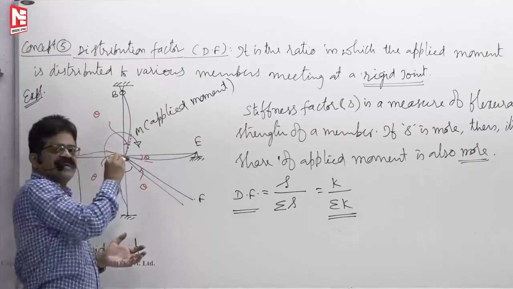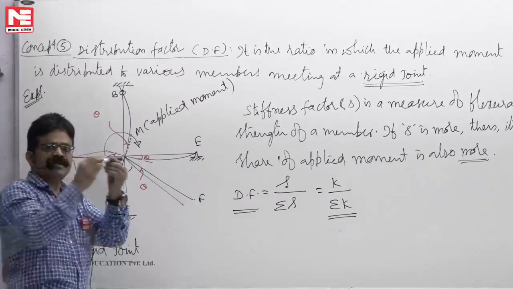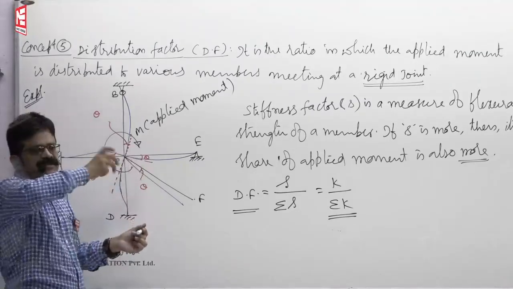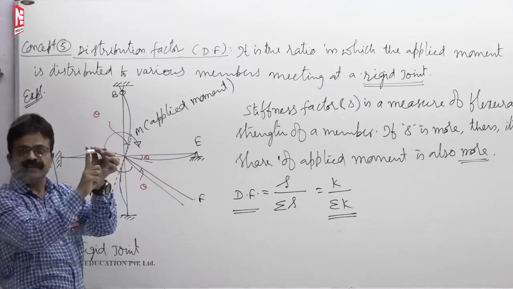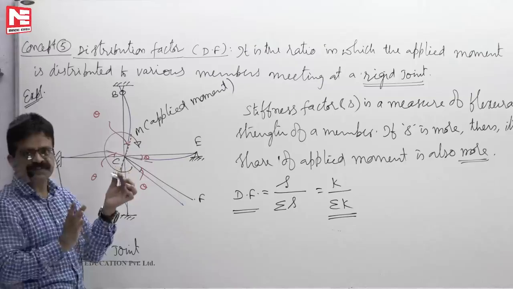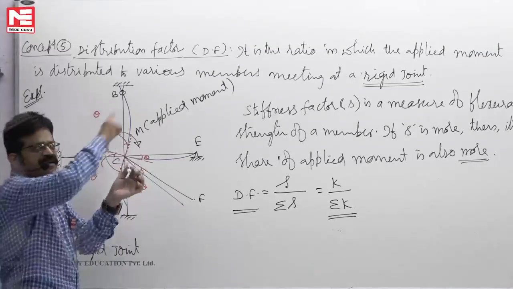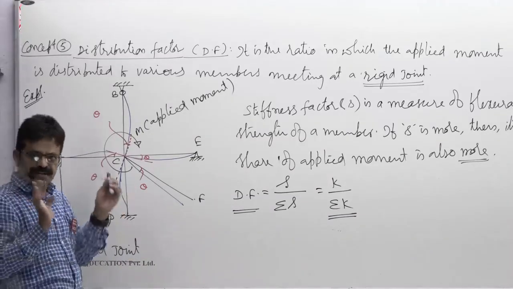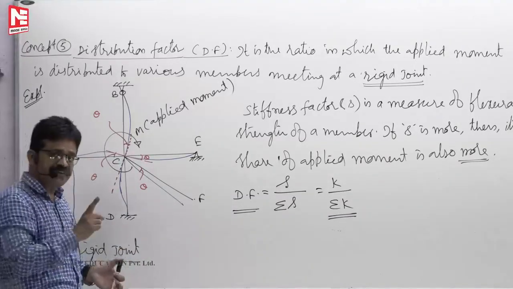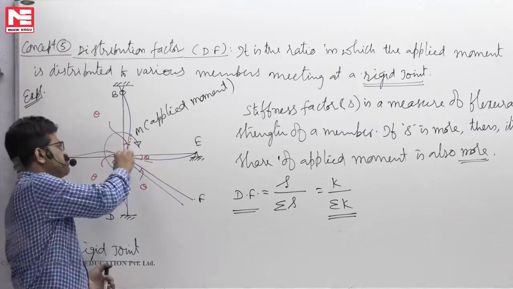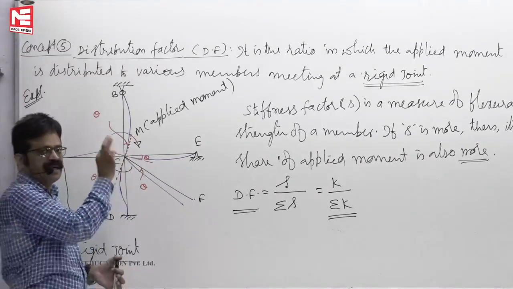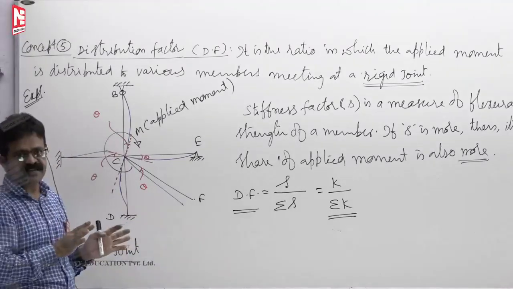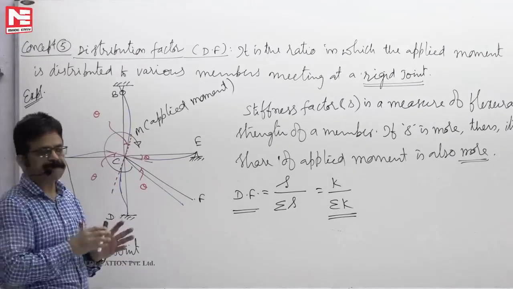If there is a pin here, with all five members connected by the pin, and on the pin you apply say 10 kilonewton meter, then the entire 10 kilonewton meter the pin only will take, and the pin will rotate like a shaft. That pin will not transfer any moment to any member. All members simply keep quiet. So distribution factors are defined for all members meeting at a rigid joint only. At a pin joint, the distribution factor concept itself will not exist. It will not distribute at all.